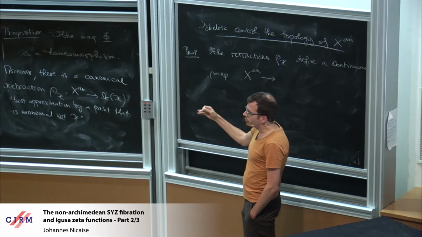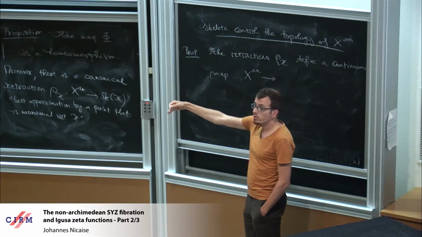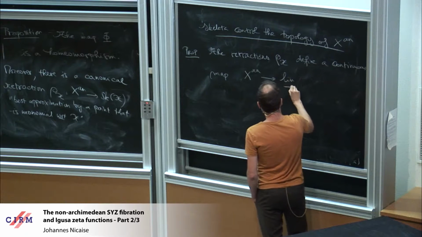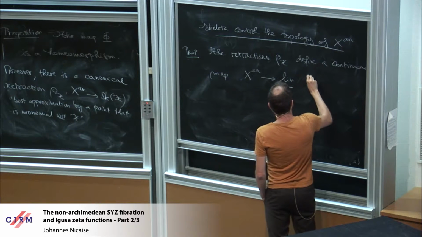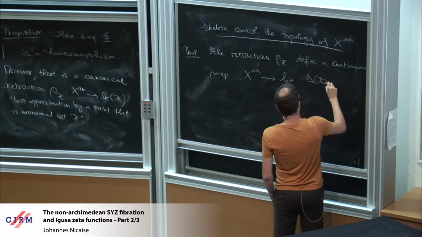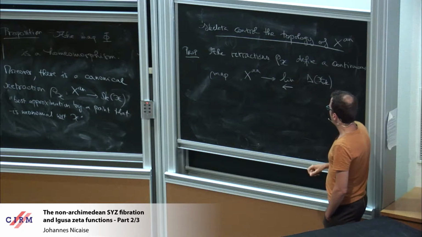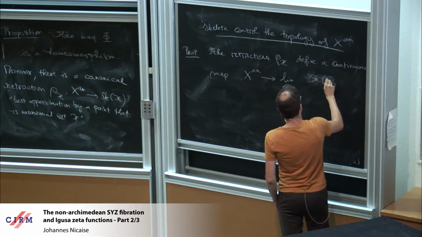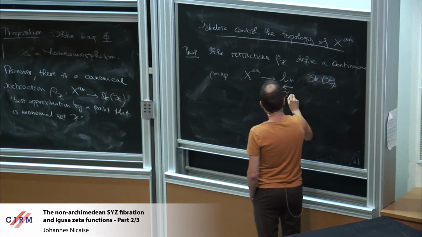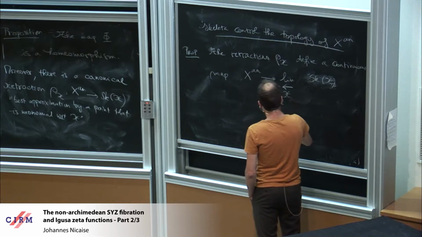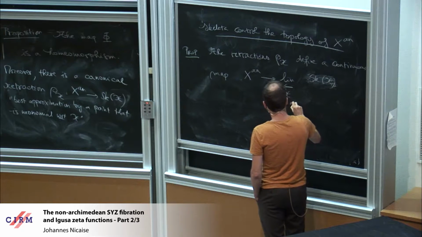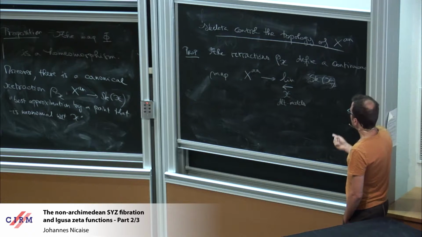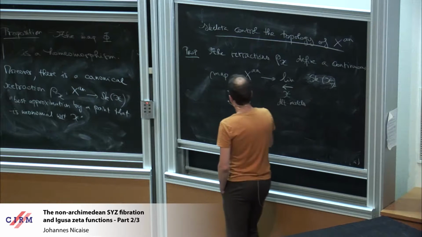And instead of considering one skeleton, I take the whole projective system of these skeletons. And so I can take its limit. And this gives me a continuous map from the Berkovich space to the projective limit of these skeleta. So where curly x runs over the set of DLT models or SNC models, that doesn't matter. And so the proposition tells us that this is a homeomorphism.